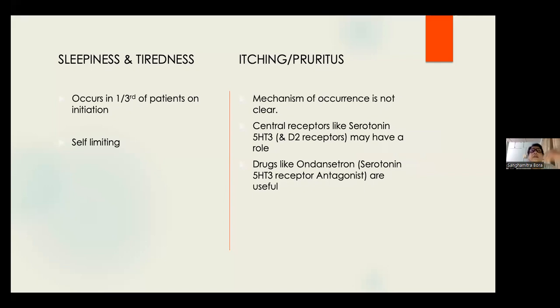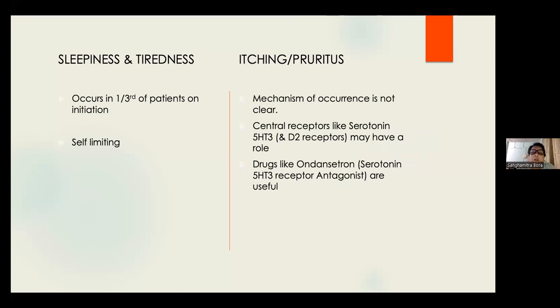But when the person wakes up from the sleep, he is alert. The difference with being drowsy is that even if he gets up from the sleep, the patient is not alert. So that is the difference between sleepiness and drowsiness.